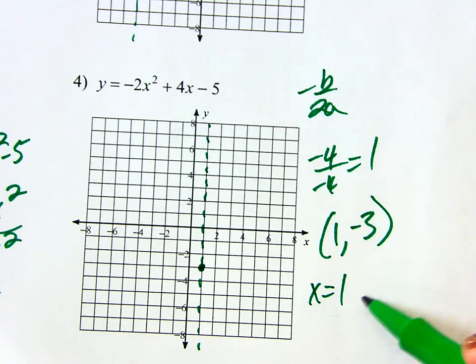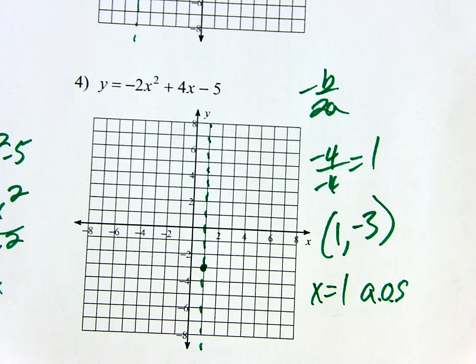X equals 1. So there is your axis of symmetry. I could also ask you about the x-intercepts right now. You know them without doing anything else. What are the x-intercepts this time?